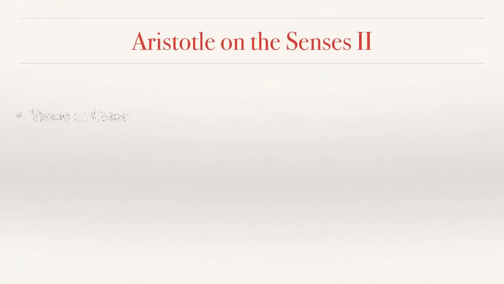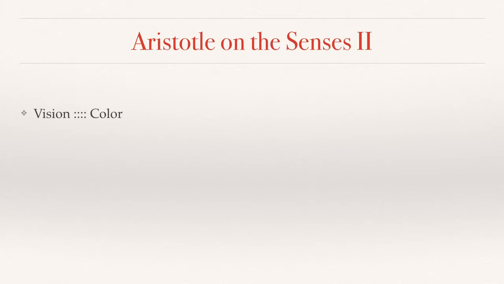But each sense, though, even though some properties are commonly sensible, each sense is associated, according to Aristotle, with a limited range of properties which it's sort of specially suited or especially responsive to. So, for instance, in the case of vision, we have a sense organ, namely the eye, right?